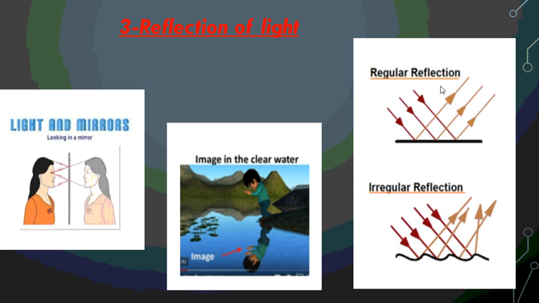But if the light rays fall on an irregular surface, like a piece of rock, the rays of light are scattered, so it cannot reflect to our eye, so we cannot see the reflection of light. This is called irregular reflection.